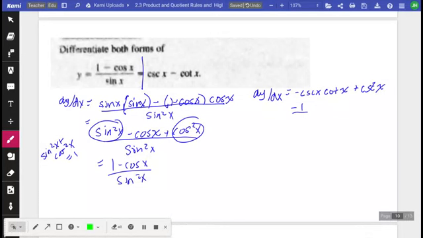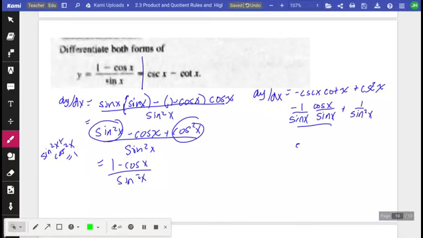Cosecant is 1 over sine, and cotangent is cosine over sine, and cosecant is 1 over sine, but since it's squared, it's still squared. So I have something like this. If you look, these have a common denominator, so I can actually combine them.